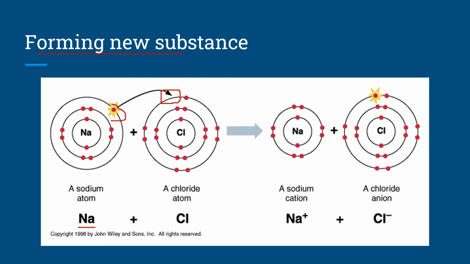So Na plus Cl becomes NaCl, which means salt. Look, the sodium is +1 because it loses one electron, and chlorine is a negative ion because it gains one electron. Hope you understand this. I think it was easy.